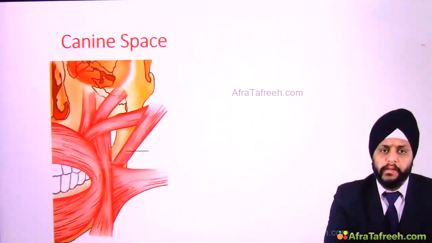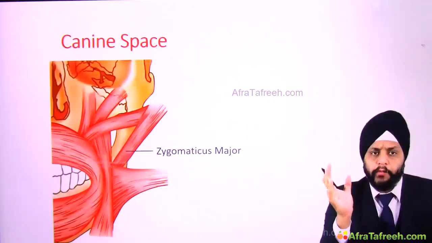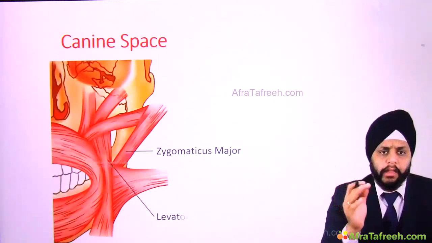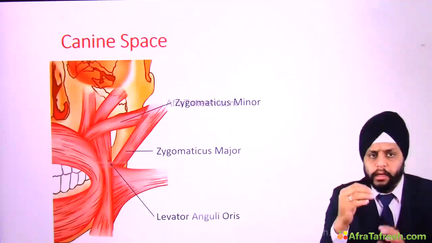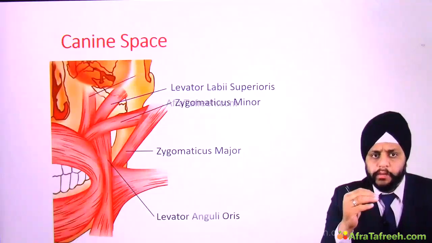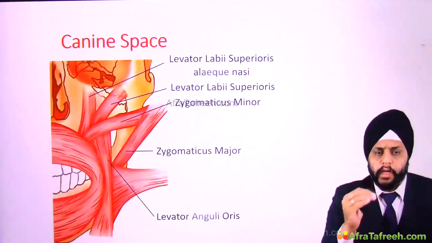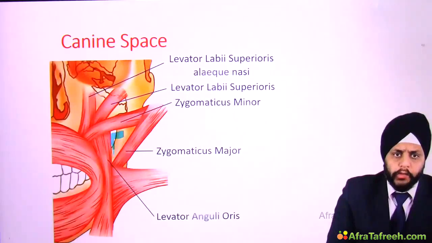Let's look at the muscles. We can see the zygomaticus major, which forms the lateral boundary of the canine fossa. Then we have the levator anguli oris, the zygomaticus minor, and over here the levator labii superioris and levator labii superioris alaeque nasi. In between them, you can see we have a space over here.